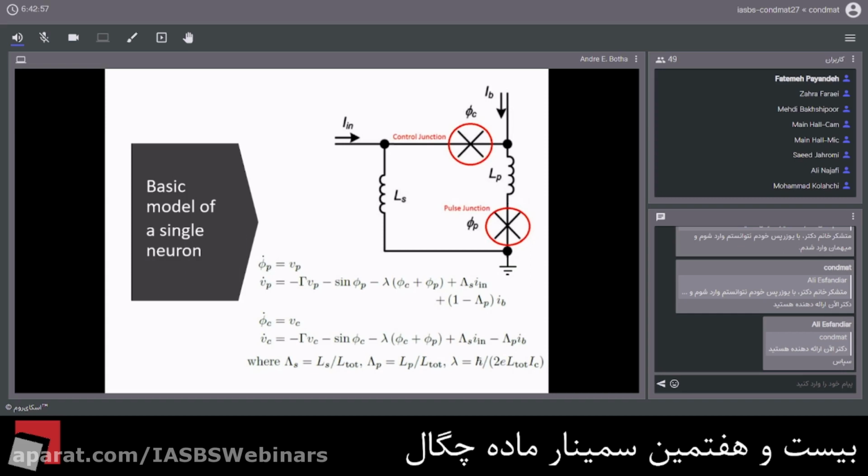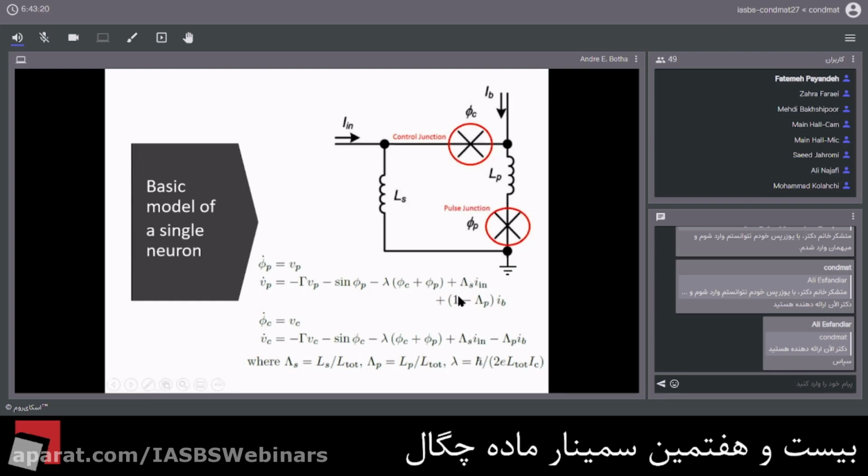You'll recognize the equations for the junction. Again, this is the damping term, the sinusoidal term. And then these are the bias currents that are passing through the junction as we had before for the single junction. They're a little bit more complicated now because the currents will branch at each of these junctions.